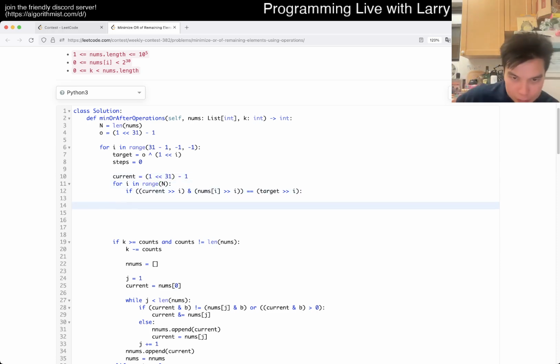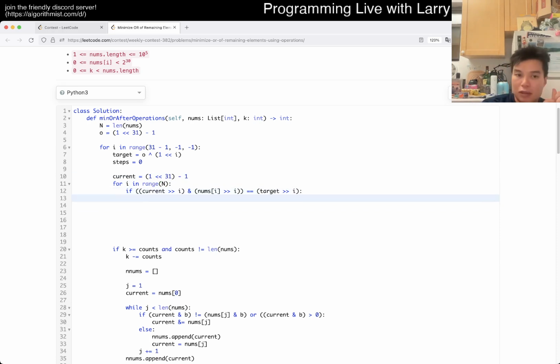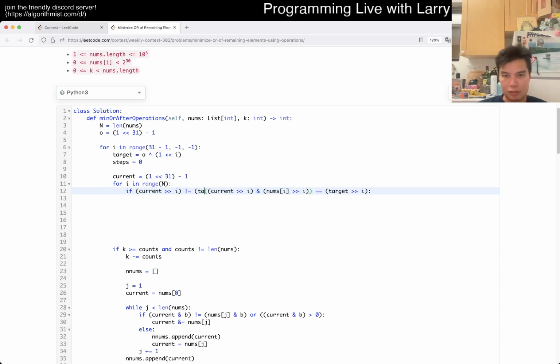Okay. So we're trying to see whether, okay, to merge the thing with the current one. Otherwise, what happens? I have to think through how to do it.